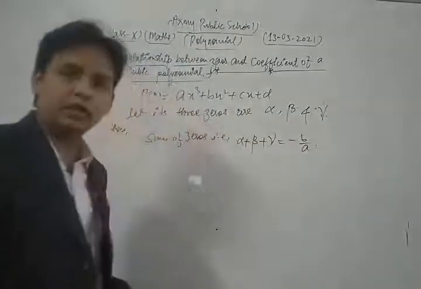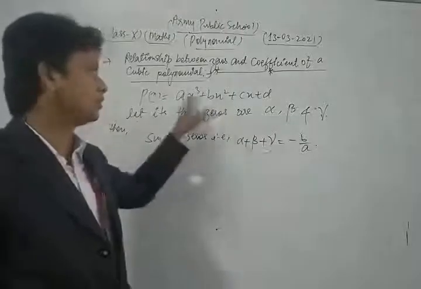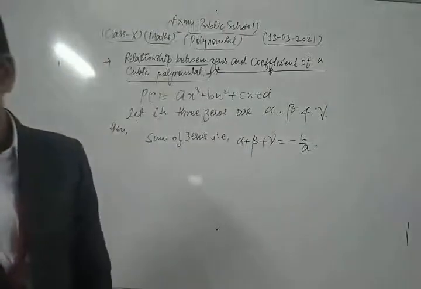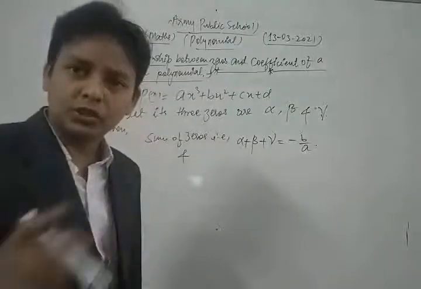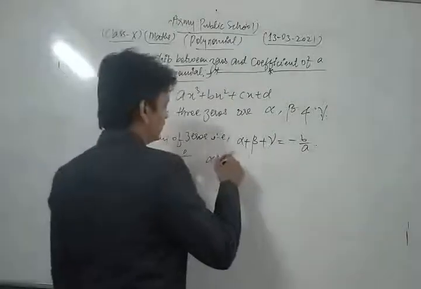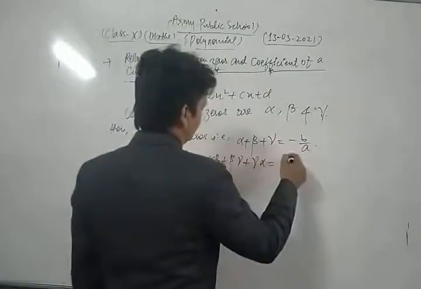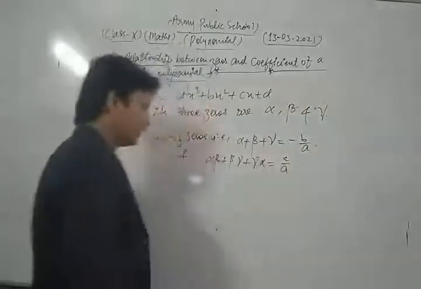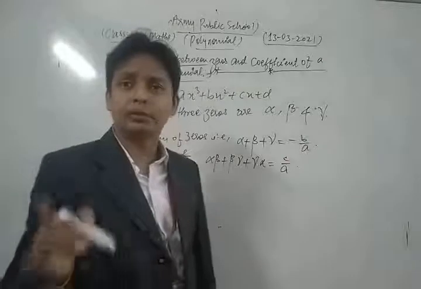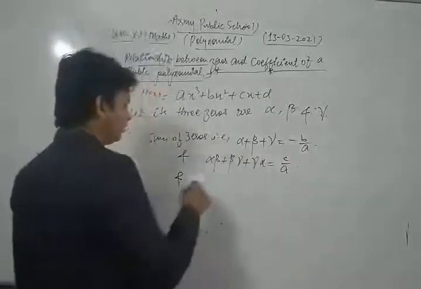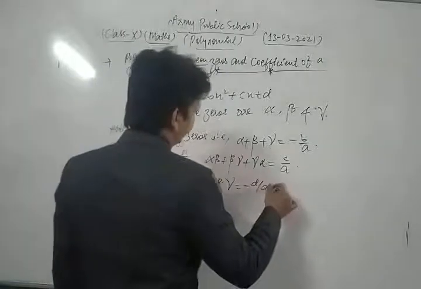Here b is the coefficient of x square and a is the coefficient of x cube. The sum of the products of its zeros taken two at a time, alpha beta plus beta gamma plus gamma alpha, is equal to c upon a. And the third one is the product of all its zeros, alpha into beta into gamma, which is minus d upon a.